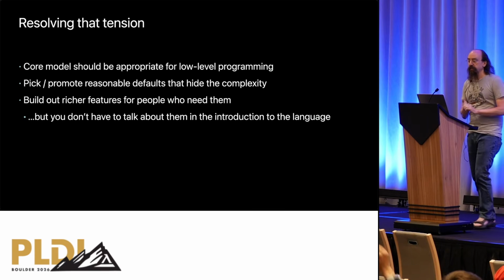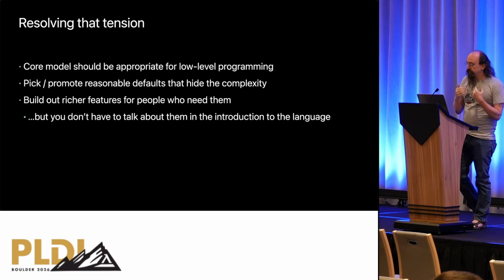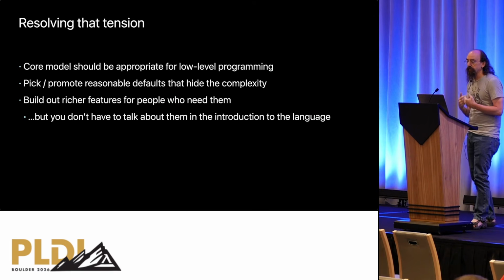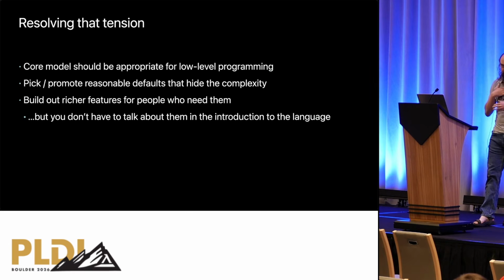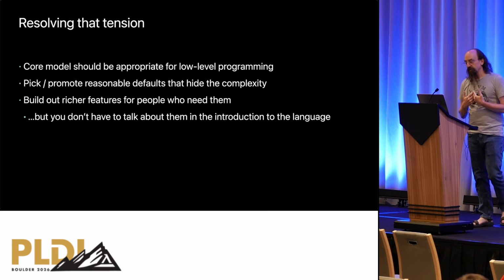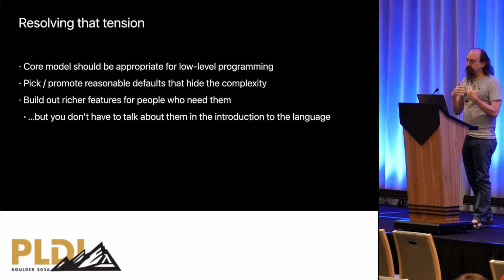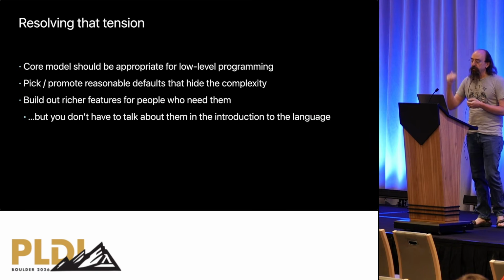What we believe is that there's a solution to this conflict that works well for everyone, and I'm going to spell it out here. When you see a conflict like this, you try to find a core implementation model for your language that works well for low-level programming. That means that essential complexity I described is still always there under the surface. But you design the language so that it doesn't force every programmer to deal with it up front.